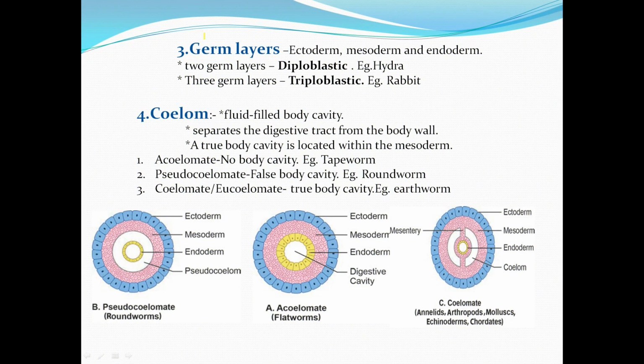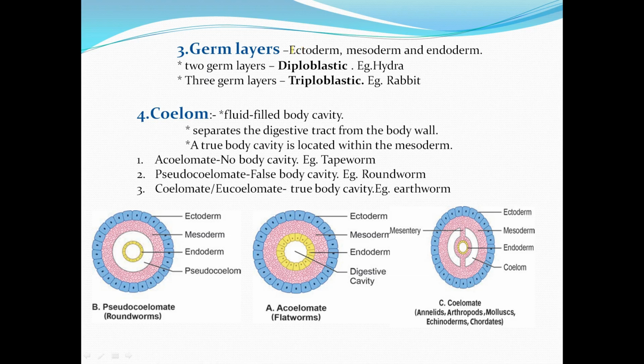The third feature is germ layers. Germ layers are formed during the development of the embryo. This is nothing but the arrangement of the cells in the blastocyst in three different layers, and these layers give rise to different organs as the embryo becomes the adult. What are the three layers of the blastocyst?